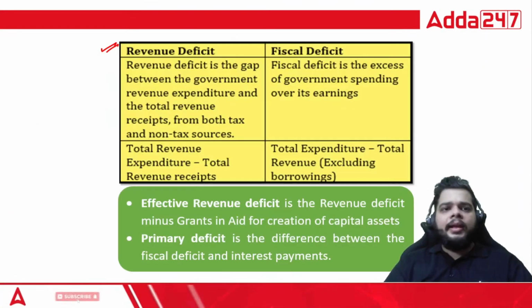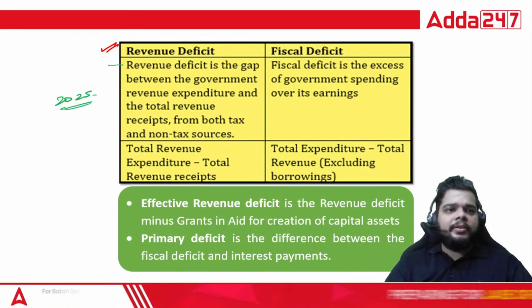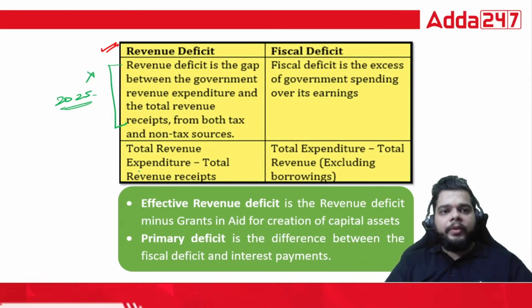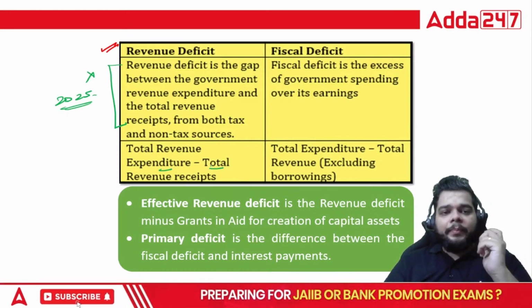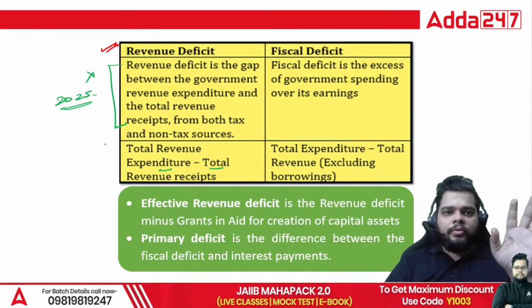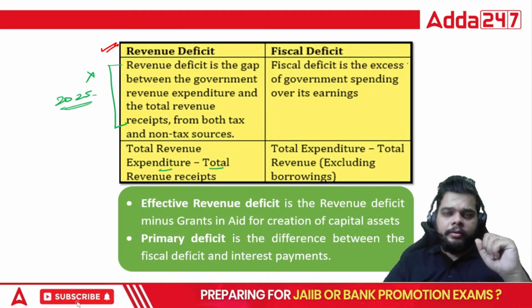That is why in 2025, revenue deficit is no longer applicable in Indian conditions. Although the formula is simple, total revenue minus total revenue expenditure, it is no longer applicable to Indian conditions.